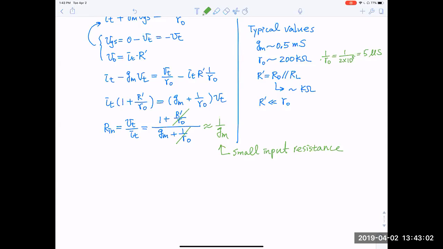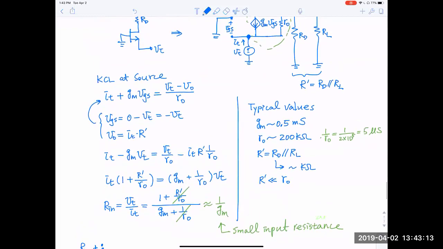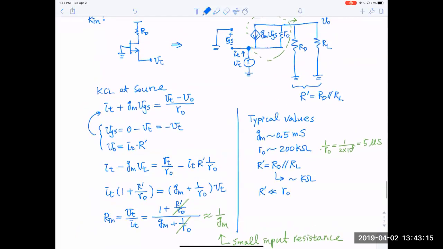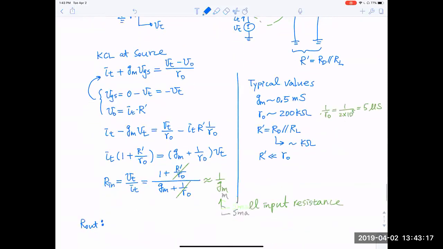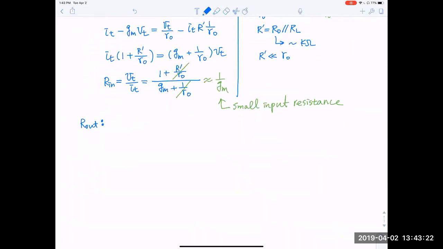Okay. Next, turn our attention to the output resistance, R out. So R out will be applying basically a similar rule. So let's redraw the circuit here. Let me redraw the entire circuit here, actually. So this is ground, and this is AC grounded also.